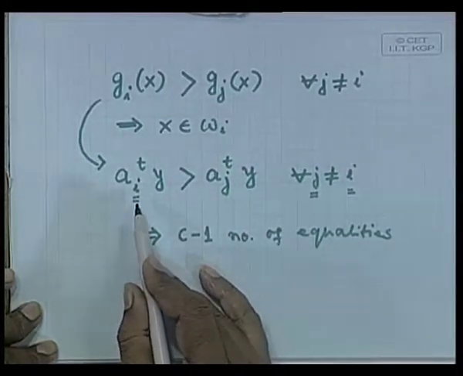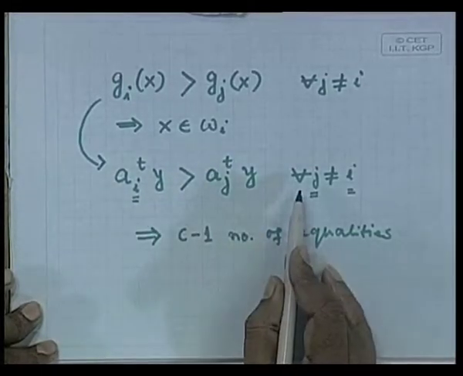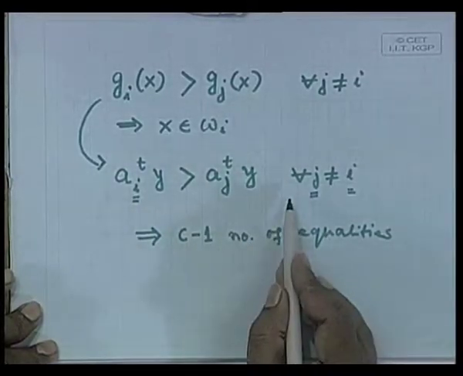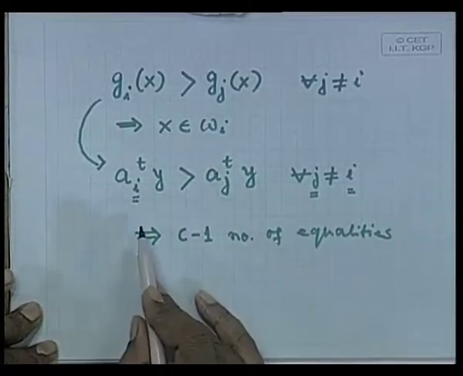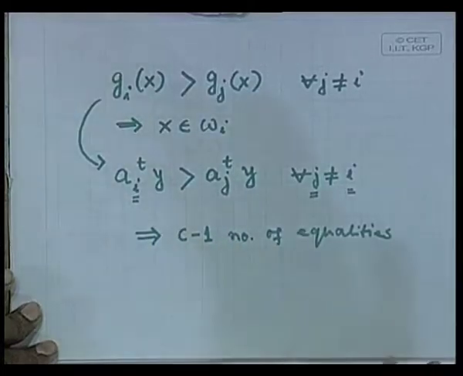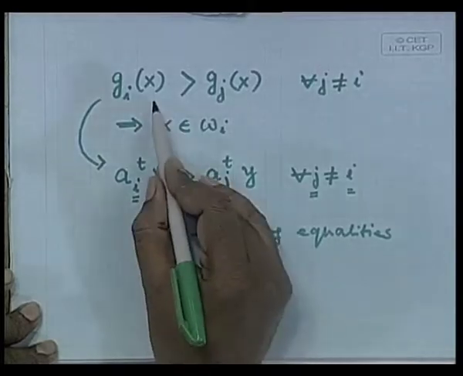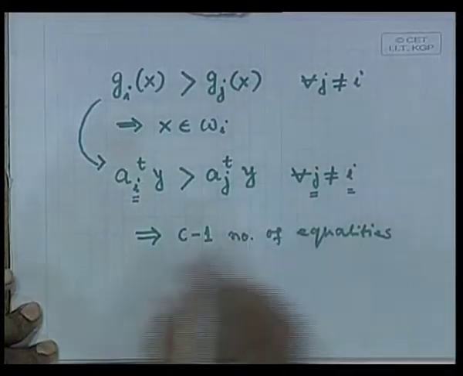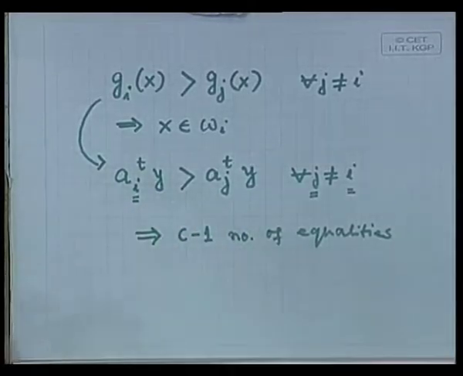Suppose I is equal to 1. Then A 1 transpose y must be greater than A 2 transpose y, A 1 transpose y must be greater than A 3 transpose y, A 1 transpose y must be greater than A 4 transpose y, and so on up to A 1 transpose y must be greater than A C transpose y. Then only I can say that this sample y, or the corresponding sample x, belongs to class omega 1. So, this corresponds to, for all values of j, C minus 1 number of inequalities.